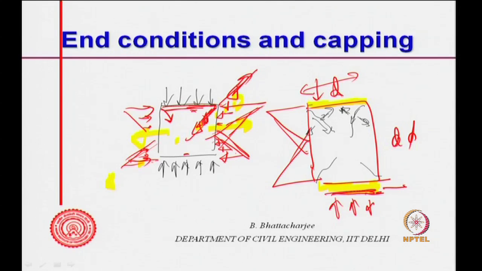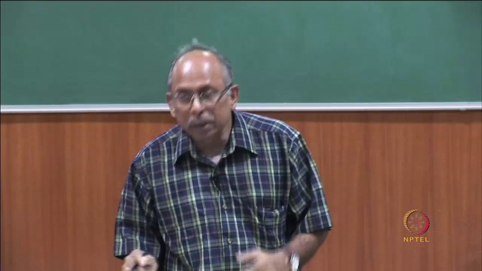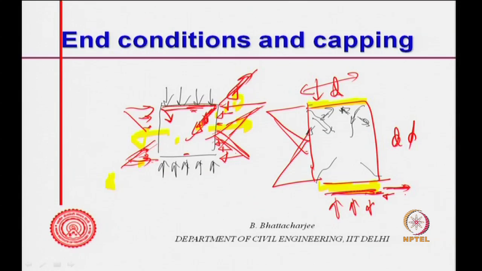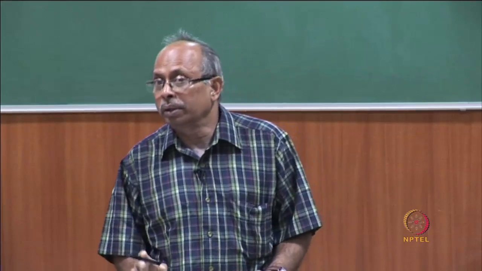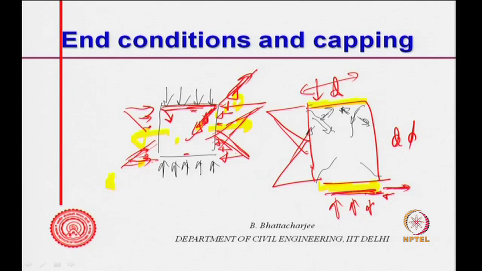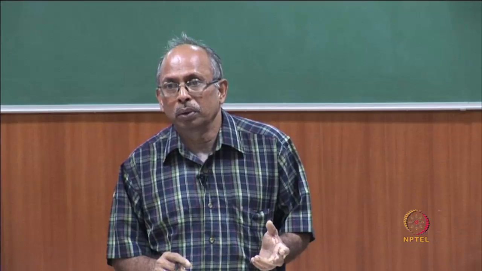So, this material will try to expand in this manner, but would be resisted by the friction. It is Poisson's ratio which causes it to deform along the transverse direction, and its stiffness is an important issue.